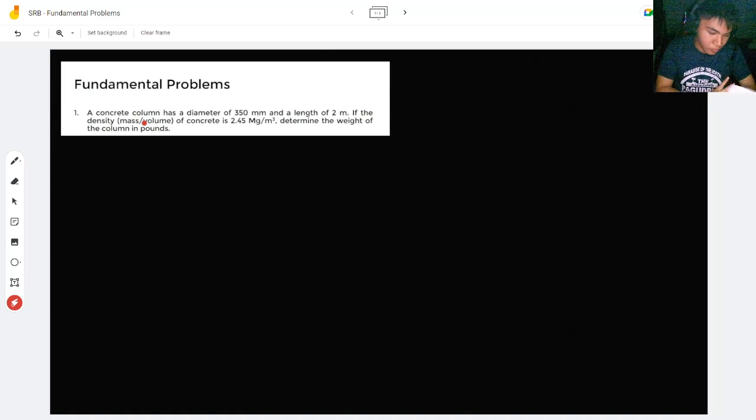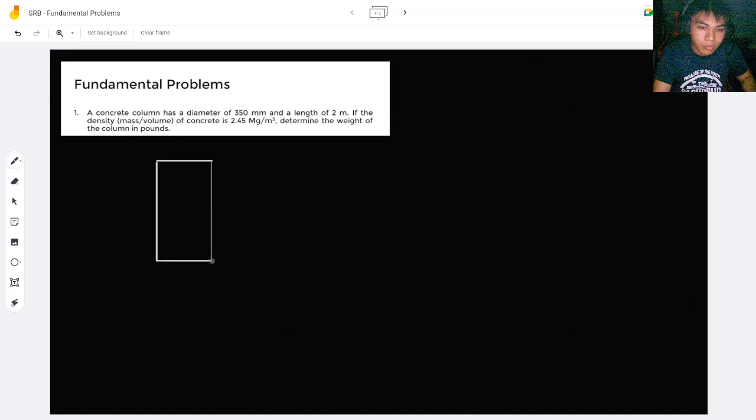So, going back, in this problem we are given a column, and as you may have encountered in your physics or calculus courses, a column would commonly denote, in geometric terms, a cylinder.